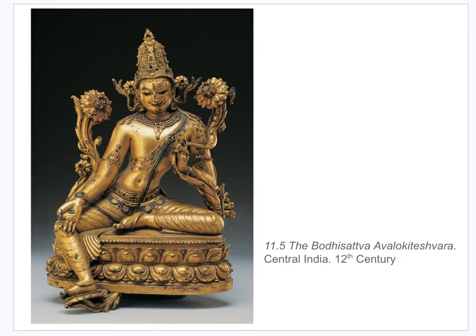So modeling was done initially. Then once the mold is made, the original sculpture goes away, and molten gold, bronze, copper is poured into the mold, and that is the cast. That's what the word cast comes from.